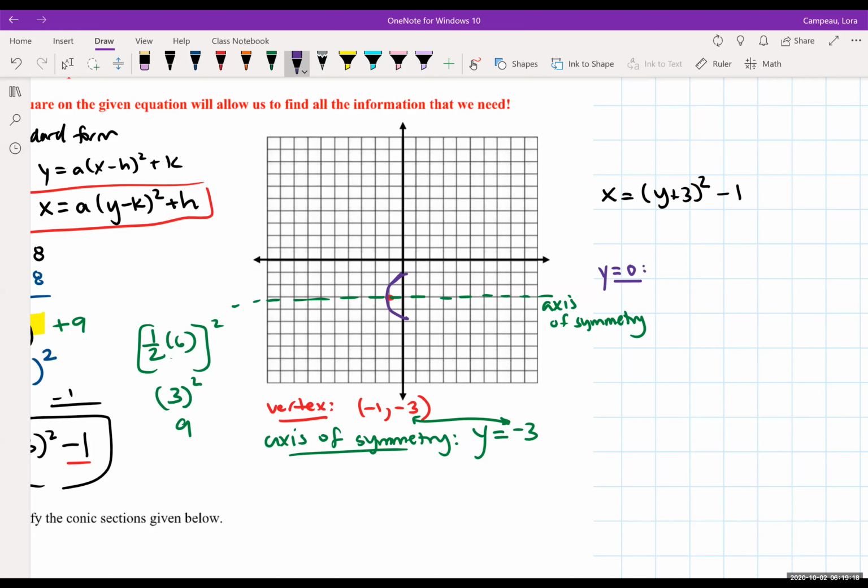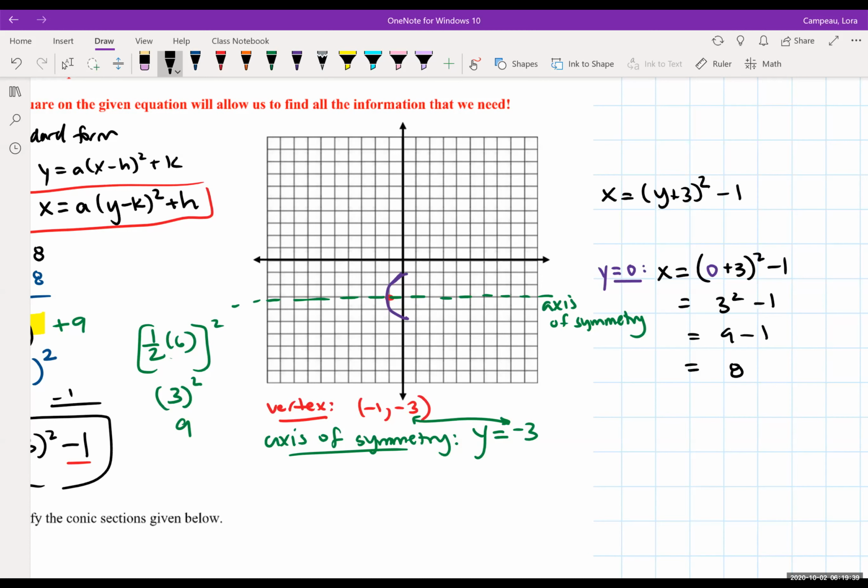So if I have y equals 0, I have x equals 0 plus 3. I should color code that for you. So 0 plus 3 squared minus 1. So what does that give me? 3 squared minus 1, which is 9 minus 1, or 8.